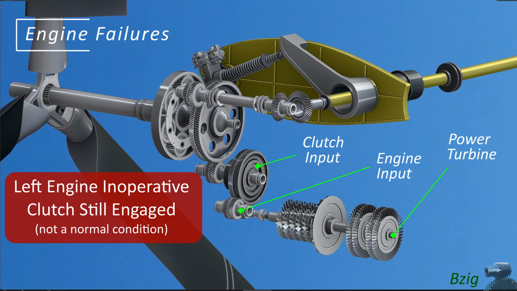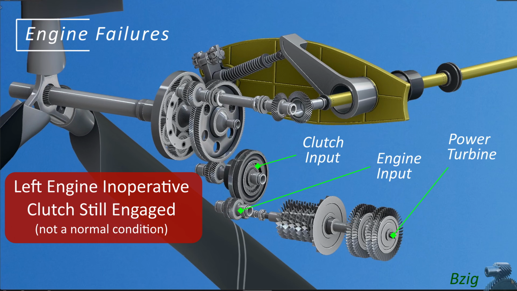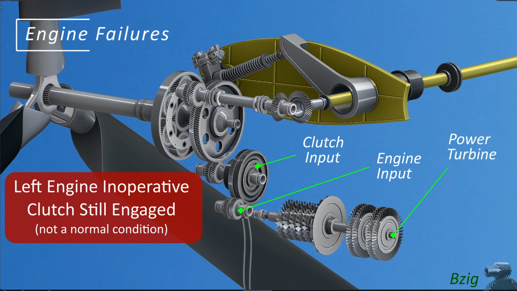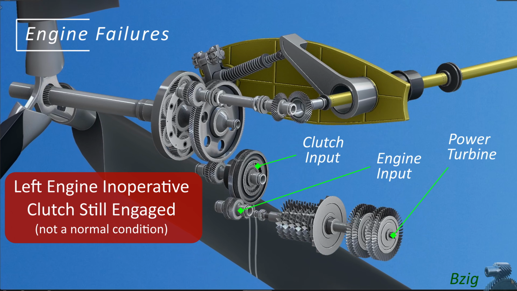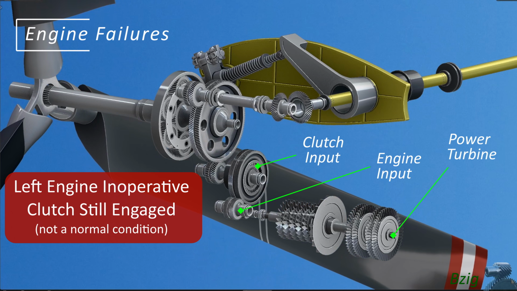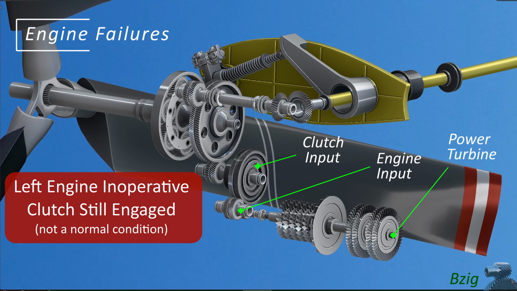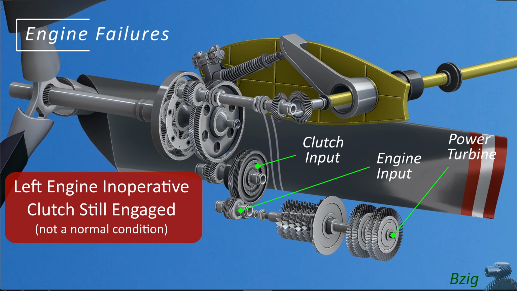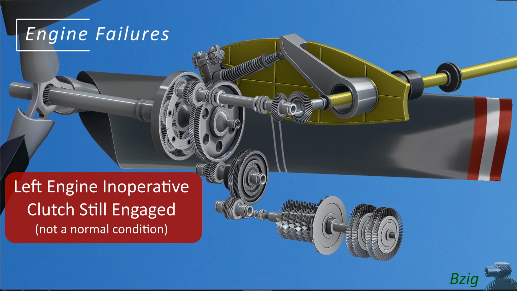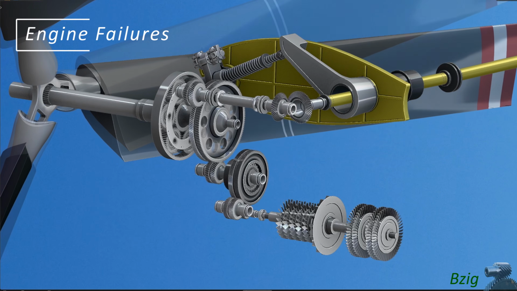The power turbine rotates because it's mechanically connected to the Proprotor Gearbox input gear. It's being backdriven by aerodynamic forces through the rotor system, and the things I've identified with callouts continue to rotate at very high RPM and extract a large amount of parasite power from the gearbox. Because the RPM is so high, the amount of power extraction is sufficient to prevent a safe autorotation.